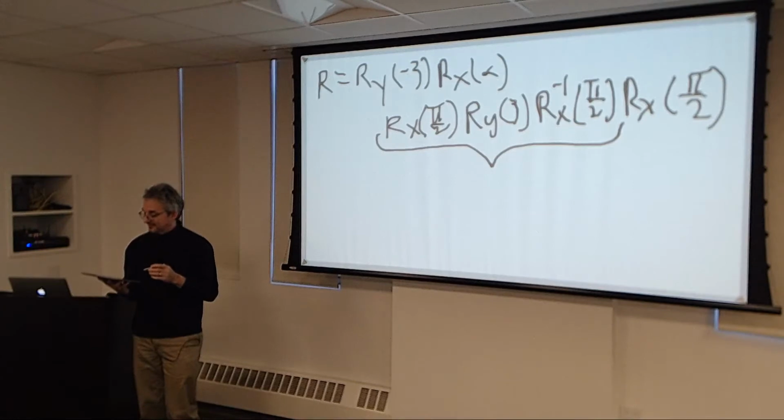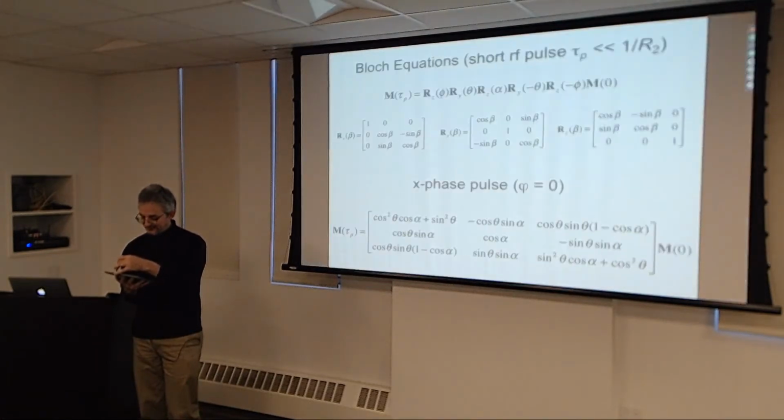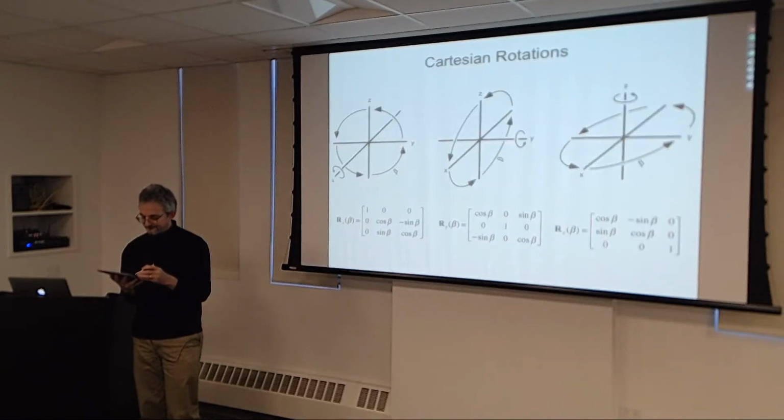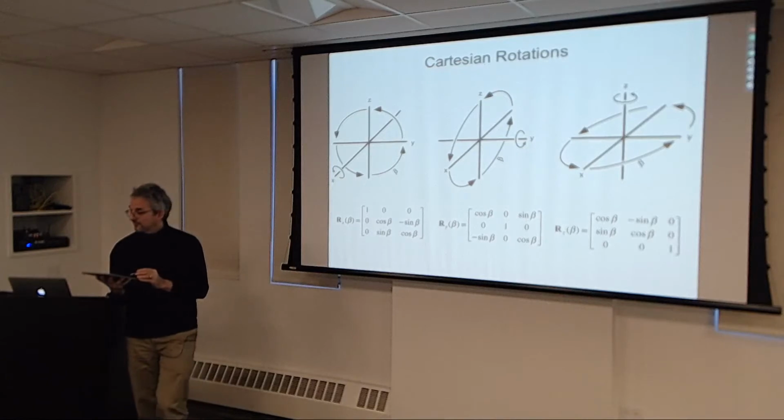And to do that, one way of doing it is now to go back to the slides, hopefully. And here, then, I can write down what the matrices are, and multiply the three matrices together and see what the answer is.